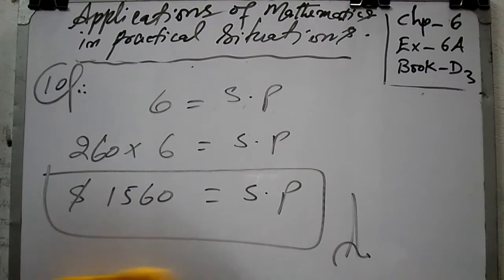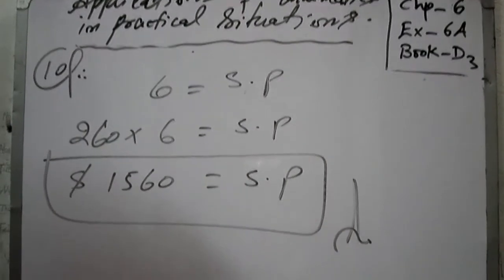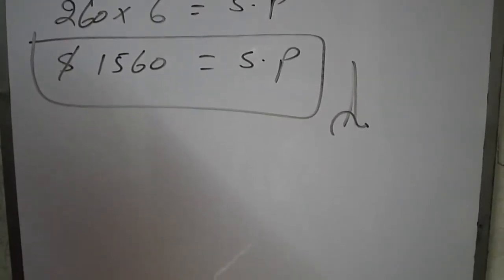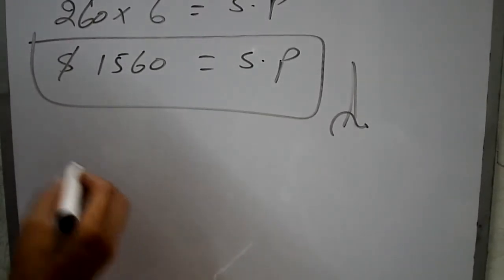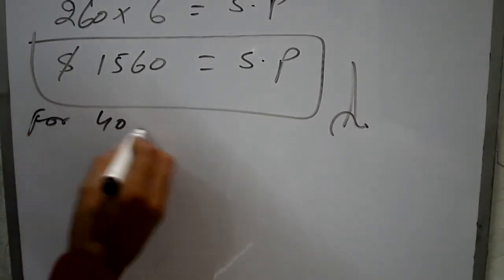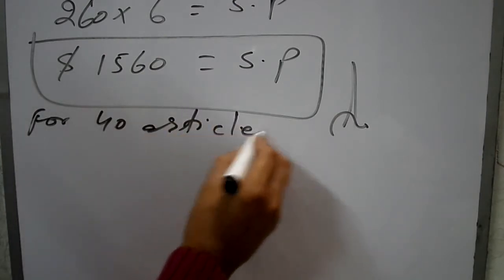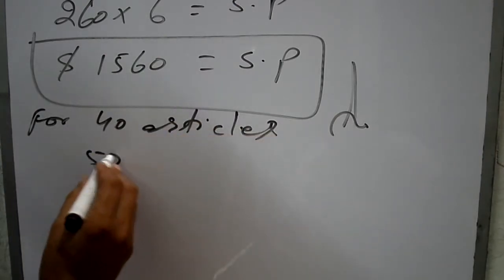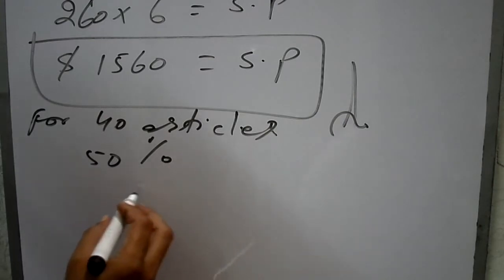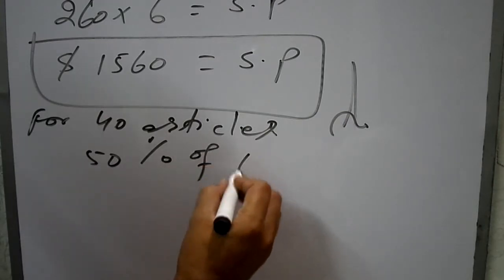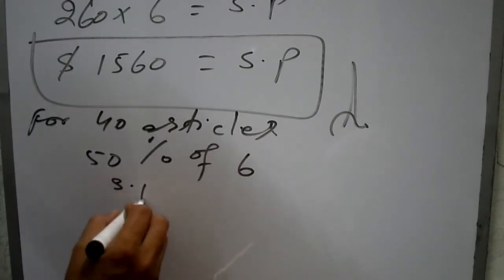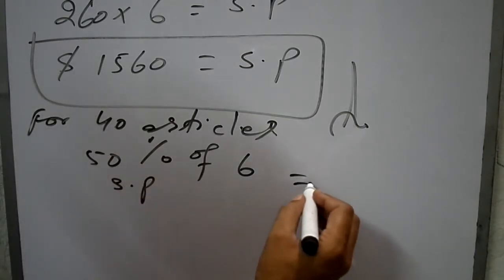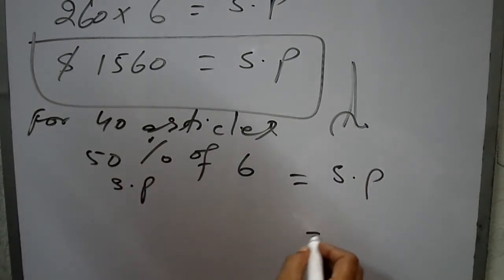But for 40 articles, it should be noted that still we have to find the sale price for 40 articles, that is 50% of 6, that is 50% of sale price.